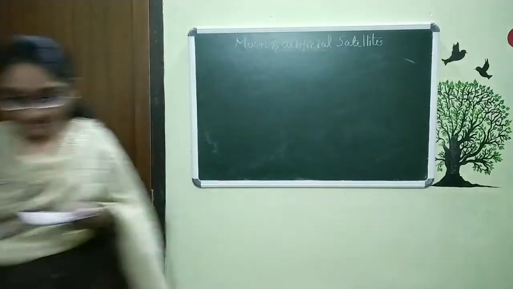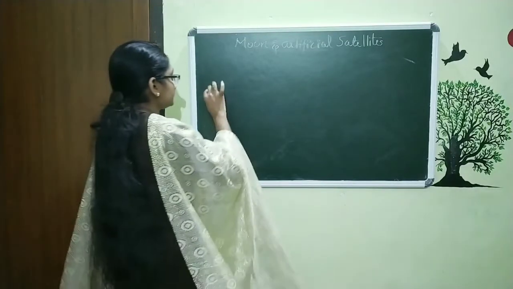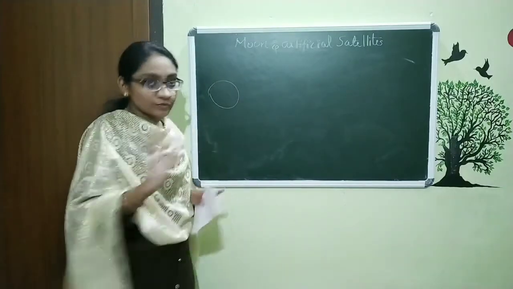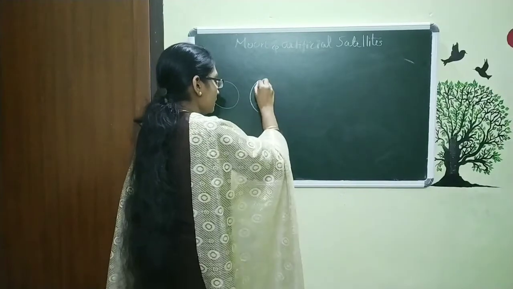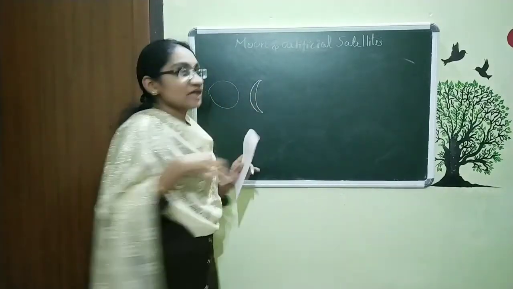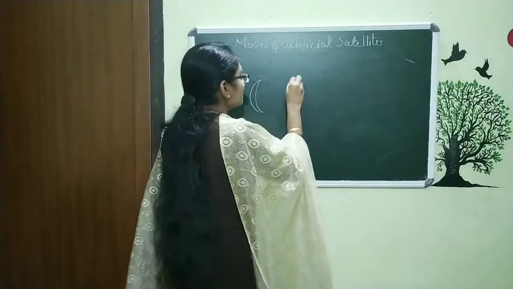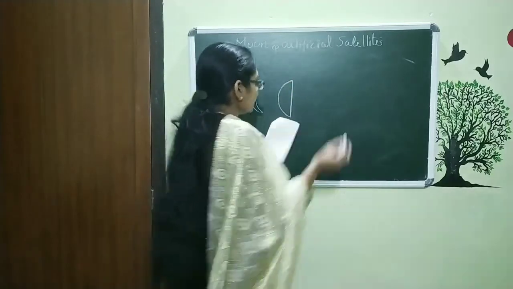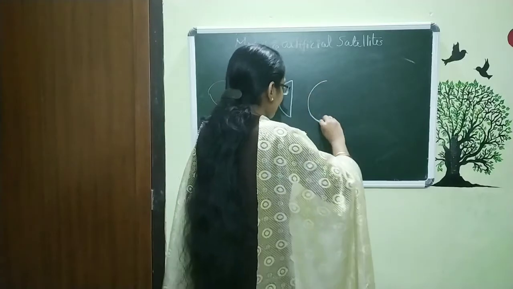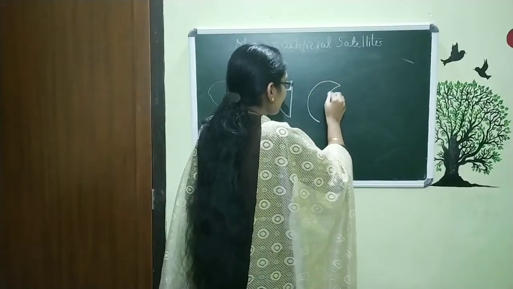So the cycle is this. First, new moon, no moon is there. Then the crescent moon comes, a small moon. Then after some days we can see the half moon. Then the gibbous moon occurs.